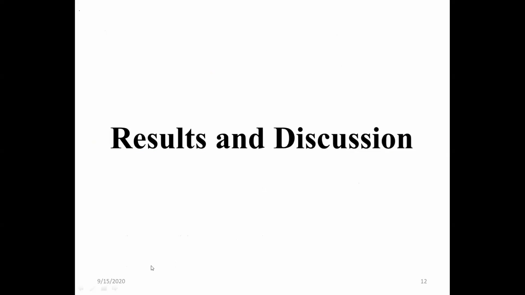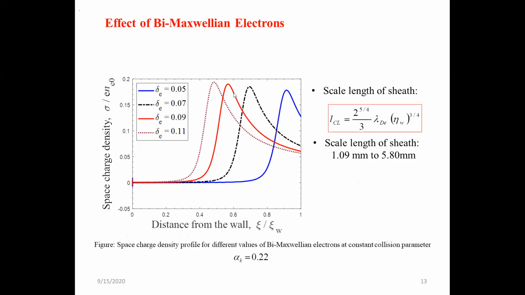So, results and discussion. Now I am going to discuss the effect of bi-Maxwellian electrons. Here delta E represents the volumetric composition of the bi-Maxwellian electrons. What we found is that when we increase the concentration of the hot electrons, a peak in the space charge density appears. Here in the pre-sheath region, the space charge density is almost zero.